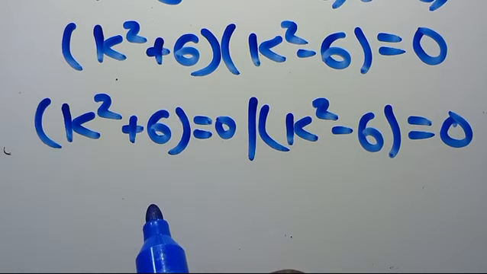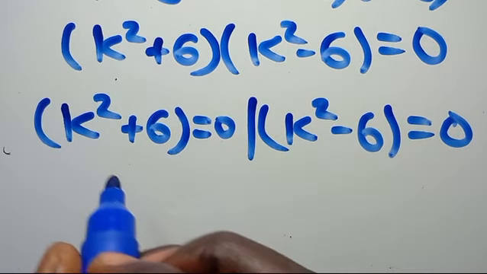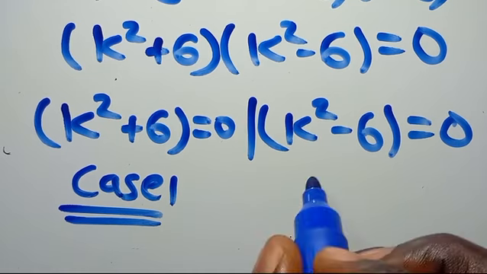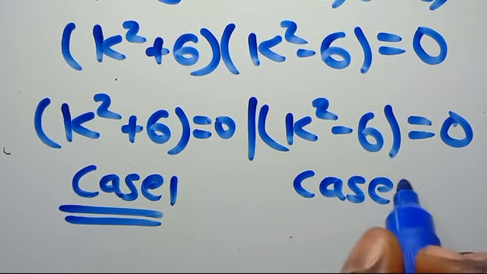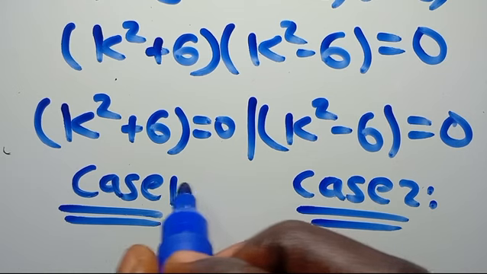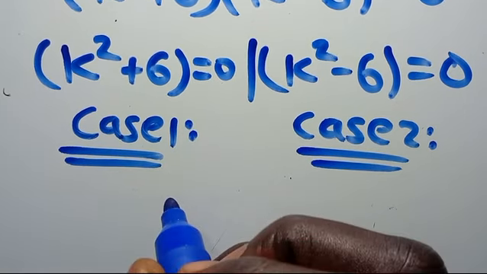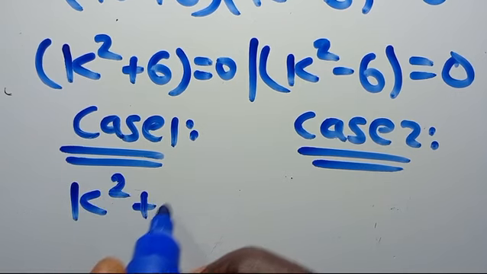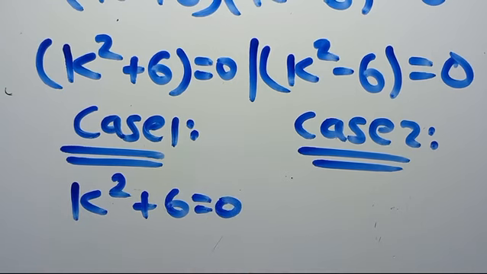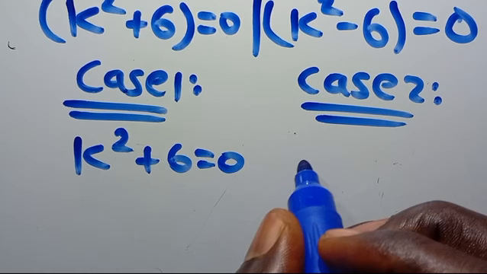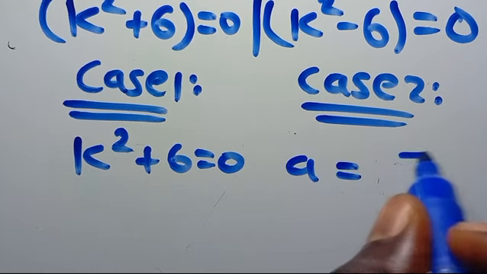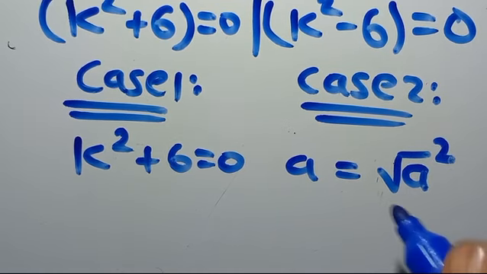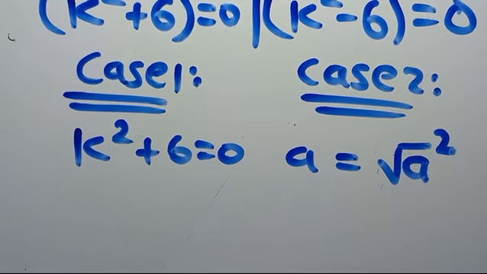Let's define them separately by having this as case 1, and this as case 2. So from here we have k to the power of 2 plus 6 equals 0. Then when you have a equals root a to the power of 2, we cancel out this.